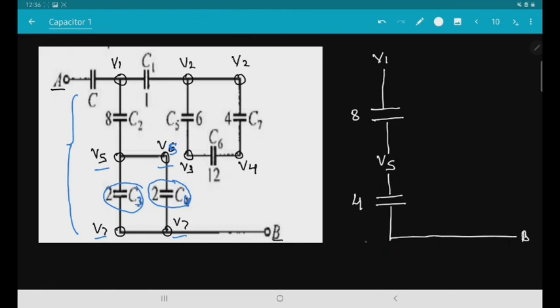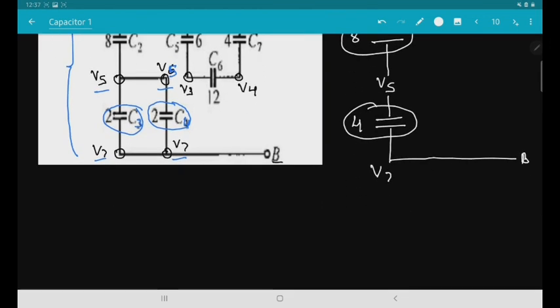Now you can see that these two capacitors are between different starting and ending points, so these are in series. We can find their capacitance and reduce them. For series capacitances we have to take reciprocals, that is 1 by 8 plus 1 by 4.